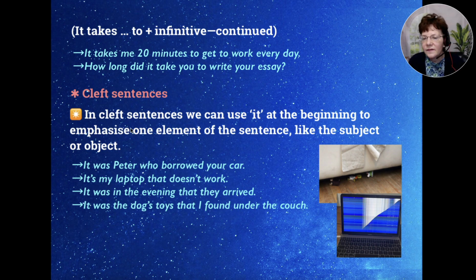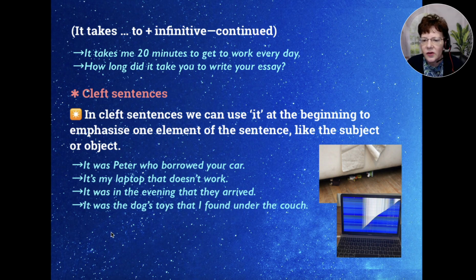Okay, cleft sentences. In cleft sentences, we can use it at the beginning to emphasize one element of the sentence, like the subject or object. So, for example, it was Peter who borrowed your car, or it's my laptop that doesn't work. So instead of saying my laptop doesn't work, it was in the evening that they arrived.